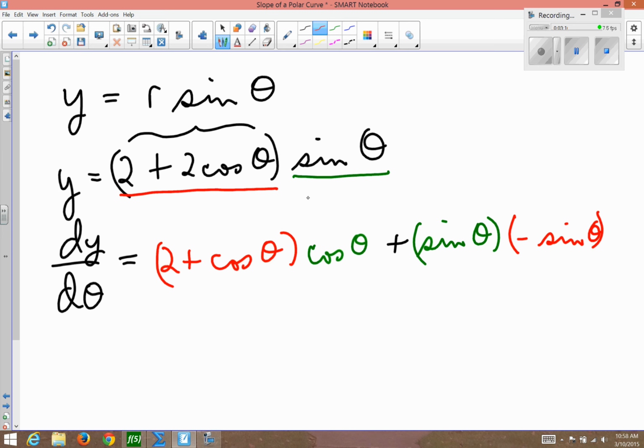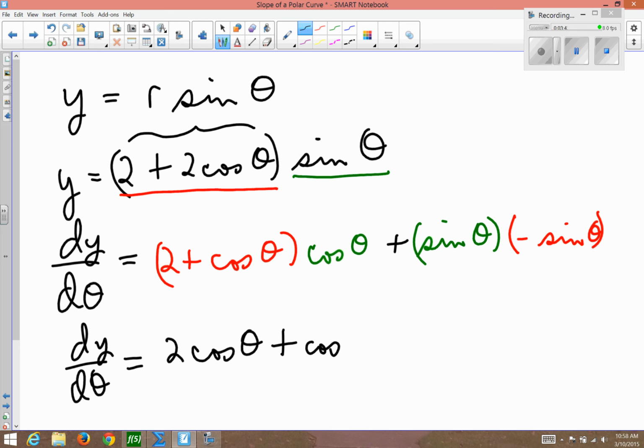To underline two things here, red and green. The derivative is the first, which is red, times the derivative of the second, plus the second, which is green, times the derivative of the first. The derivative of y with respect to theta is, without parentheses, 2 cosine theta plus cosine squared theta minus sine squared theta.